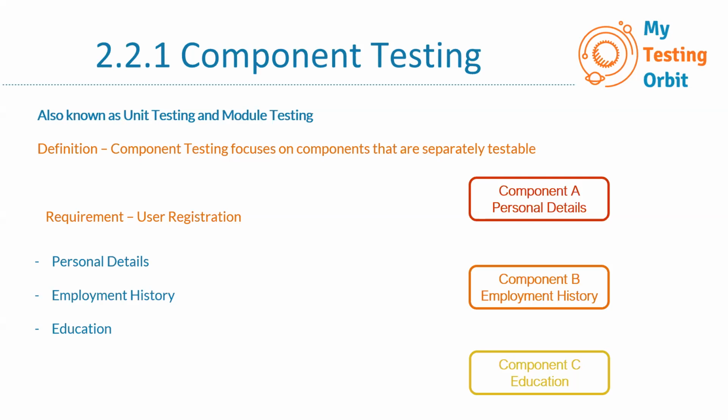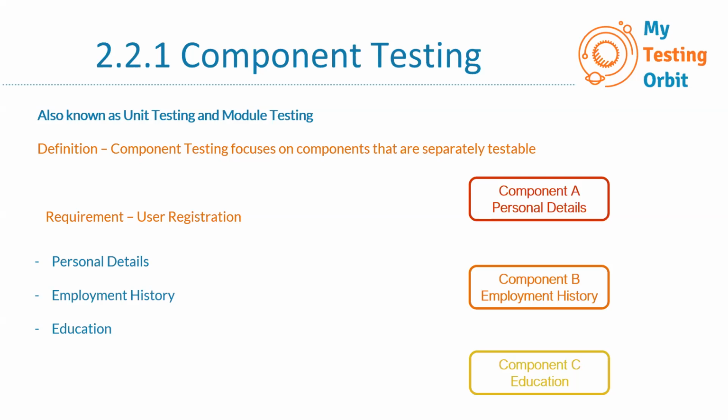Usually if you have filled any registration form, there are different sections like personal details, employment history, education. So these are the 3 sections we are taking as an example as a requirement of a user registration system.